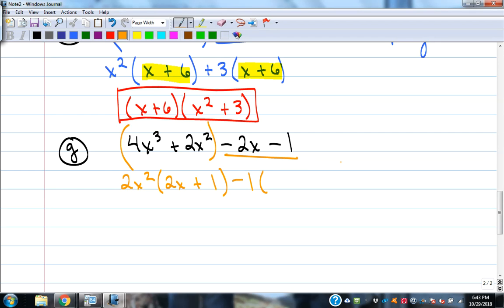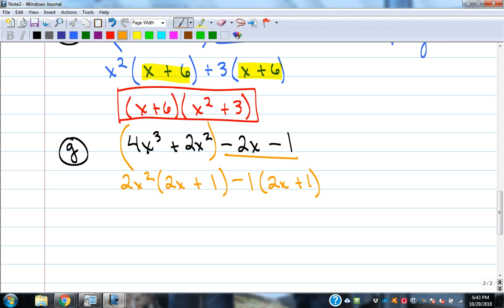If I pull a negative 1 out, which is what that's showing, that it's a minus 1, what's it do to the sign of both of those pieces? It makes it the opposite. So it makes it 2x plus 1. I pull out a negative. What times negative 1 gives me negative 2x?